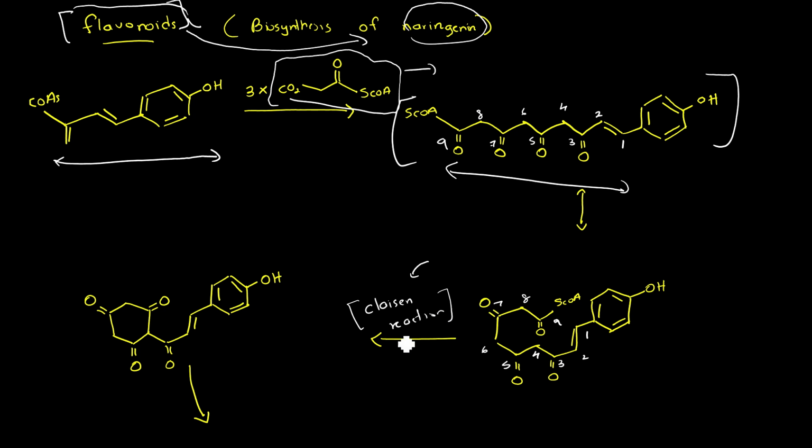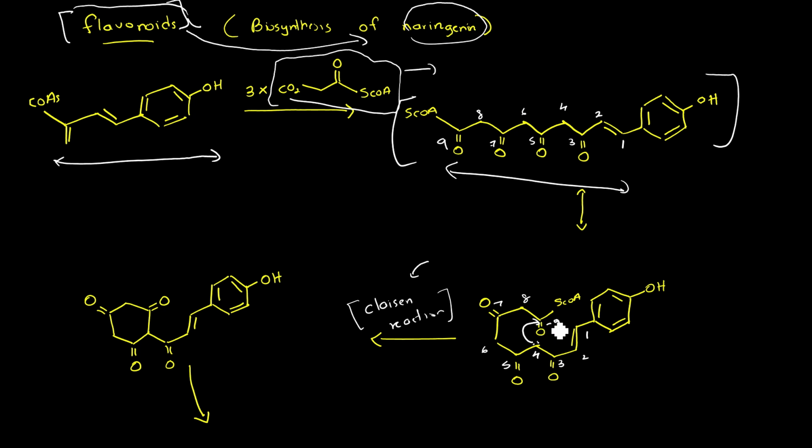When this Claisen reaction happens, in this particular place there are hydrogens. This hydrogen has higher acidity. Why? Because of these two carbonyl groups. So we can introduce a biological base to remove these hydrogens. When the hydrogen is removed, you will have a lone pair. This lone pair has nucleophilic characteristics, so it can attack this particular carbonyl group.